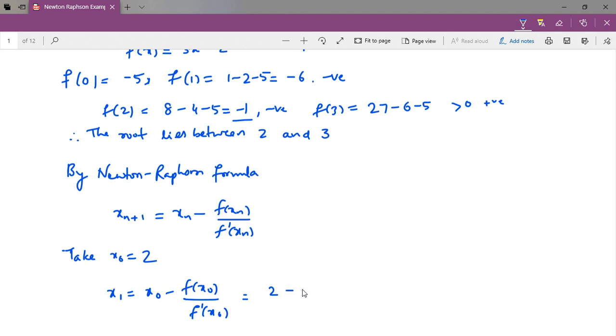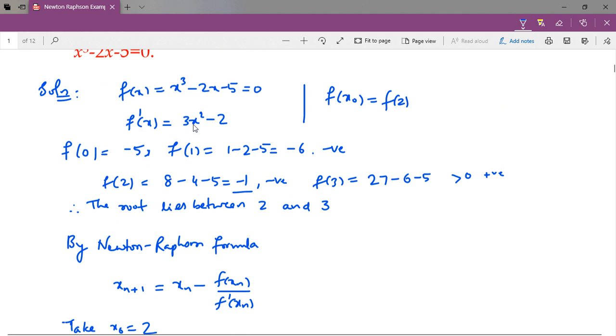In place of f of x naught we have minus 1, divided by f dash of x naught. What is f dash of x? It is 3x square minus 2. Therefore f dash of 2 is 3 into 2 square minus 2, that is 3 into 4, 12 minus 2, that is 10.